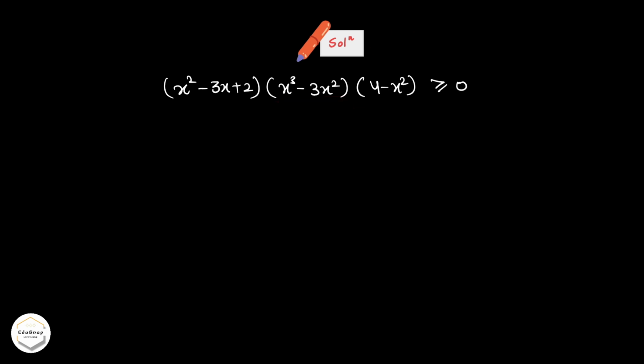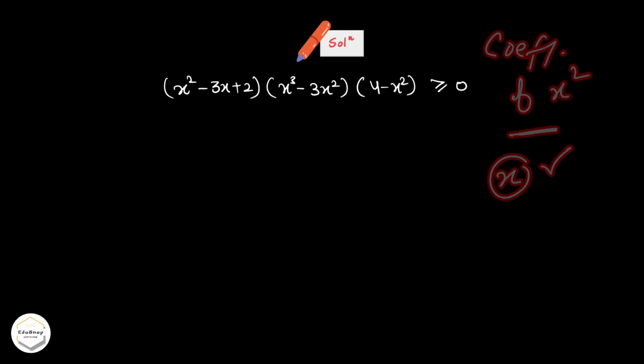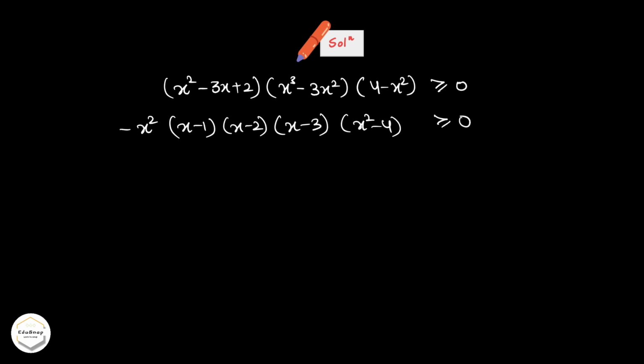Quite easy, we will take the negative common first of all. Why am I going to take the negative common? Because in the wavy curve method we learned that the coefficient of x square must be positive. The same for x, the coefficient of x must be positive here. So we take the negative common from here, and we get this part.